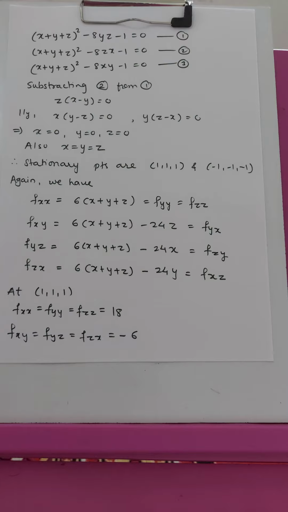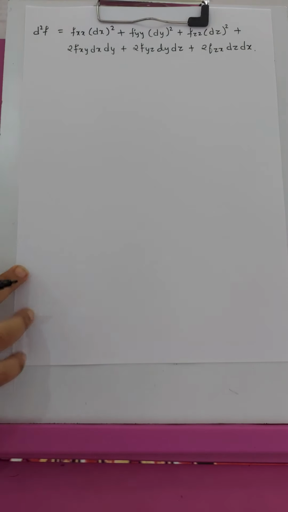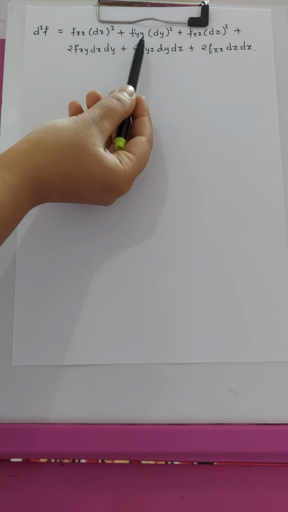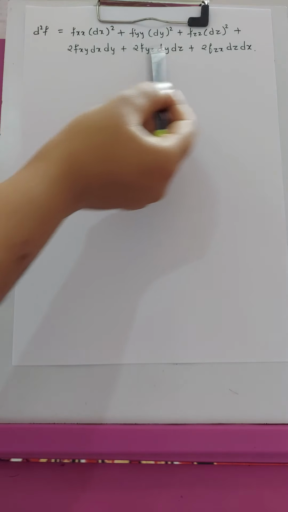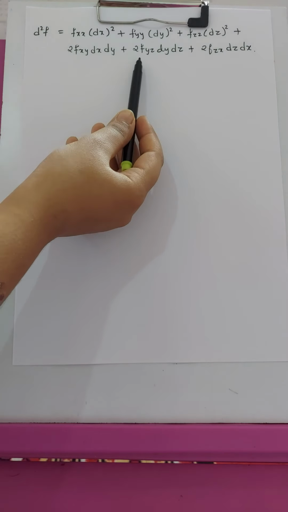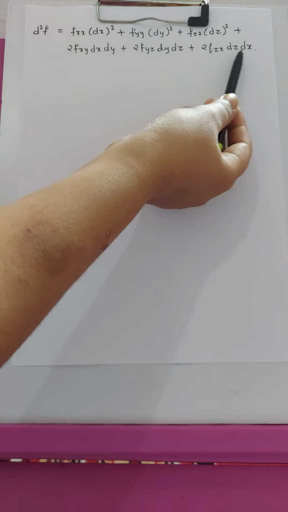So now, since the second differential of f is f xx dx squared plus f yy dy squared plus f zz dz squared plus twice f xy dx dy plus twice f yz dy dz plus twice f zx dz dx.